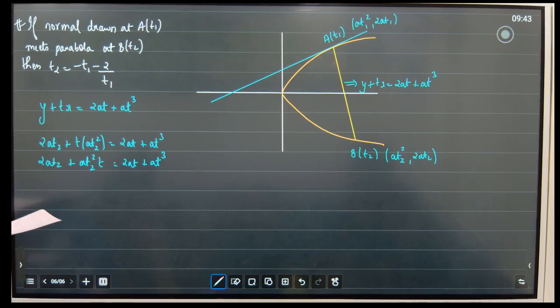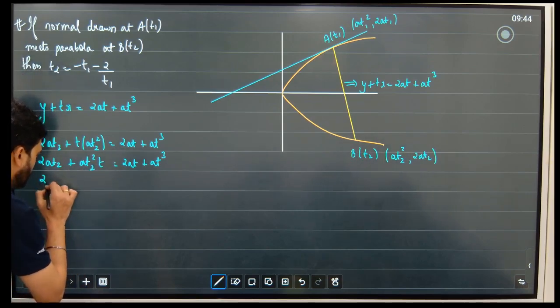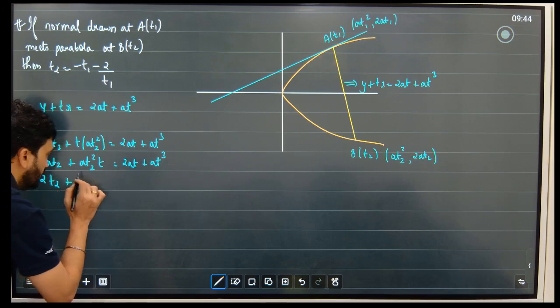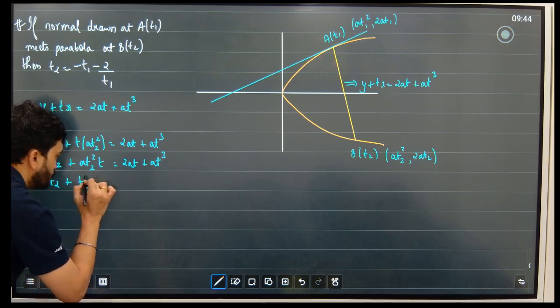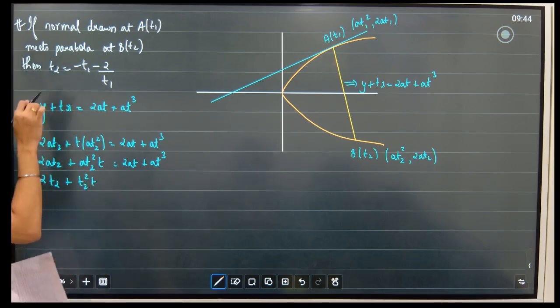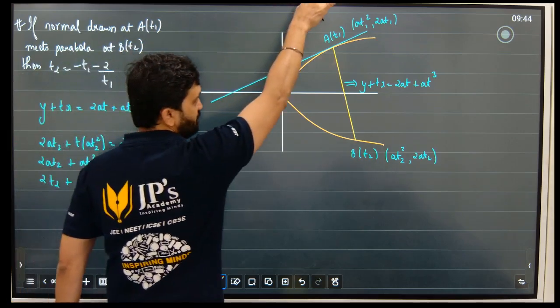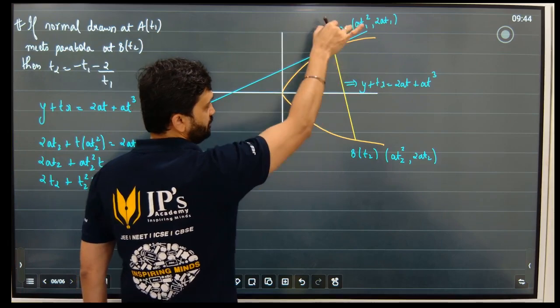Now if you check, a is coming out common from everything. So this will become 2t2 plus t2 square t. Now obviously this line is starting from this point.